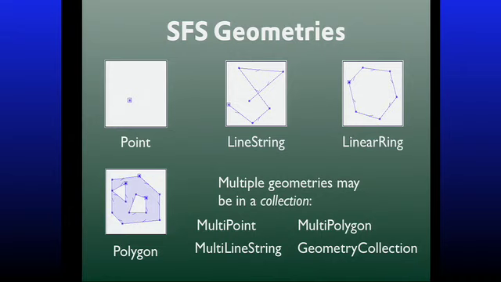So it all boils down to these simple shapes. In addition, you can also have multiple geometries in a collection. So if you have a multi-point, you can stick more than one point in it. Same with line string, linear ring, and polygon. And finally, there's the general placeholder geometry collection, which you can stick points, line strings, or polygons into, any number of them. So those are the building blocks here.